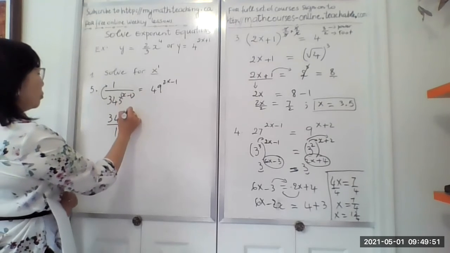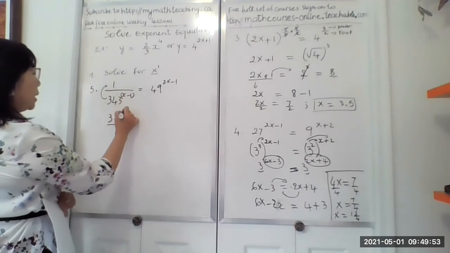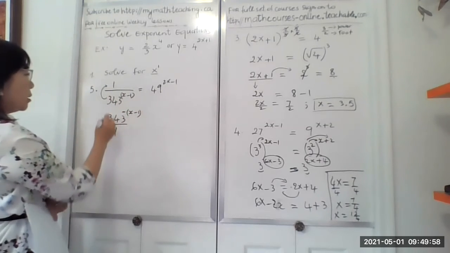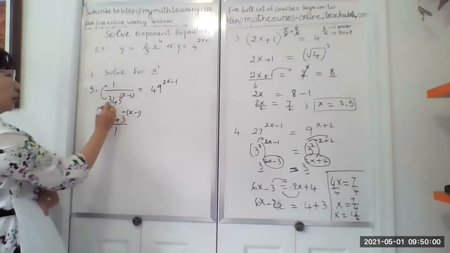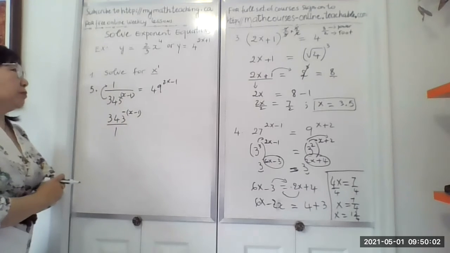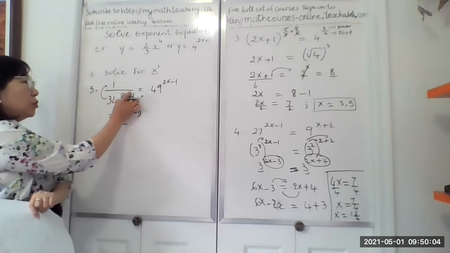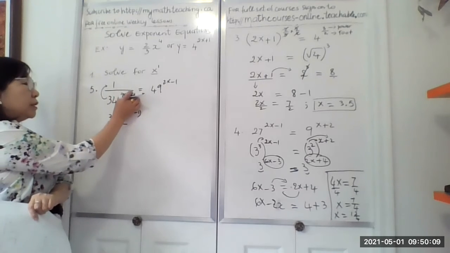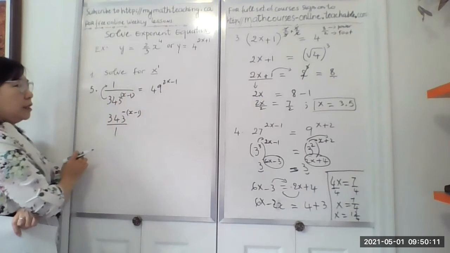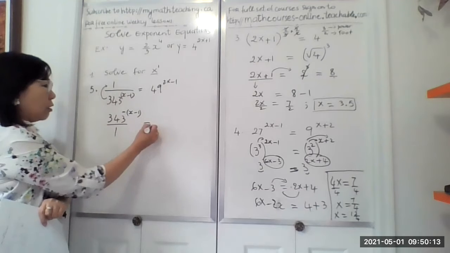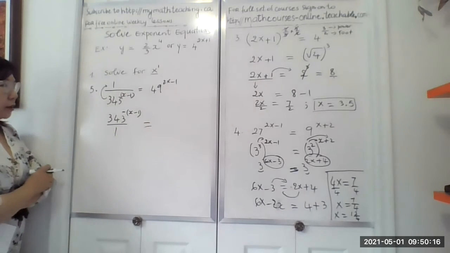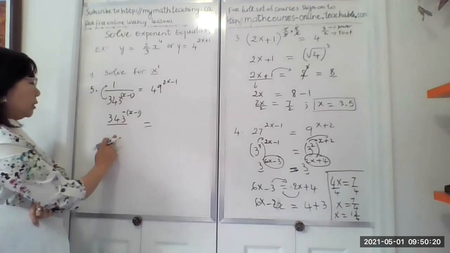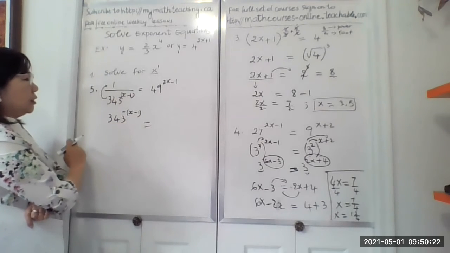However, the power will go with it as well, but I have to put a negative on the power, because when you move from denominator to numerator, you also have to change the sign of the power. Positive becomes negative. That's the rule in the law of exponents. So this is over 1, and over 1, I don't need to write it.